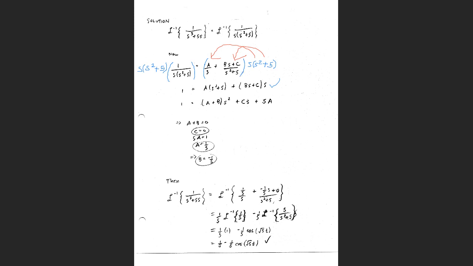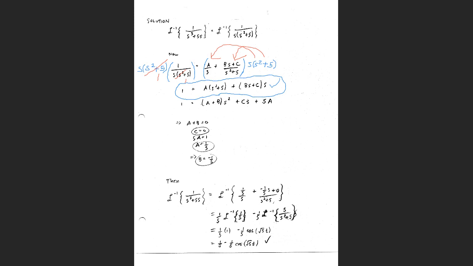When you do that, you'll get 1 equals, because on the left side the s times s squared plus 5 simplifies out. So you get 1 on the left side, and on the right side you get a times s squared plus 5 plus bs plus c times s. That just has to do with simplifying.